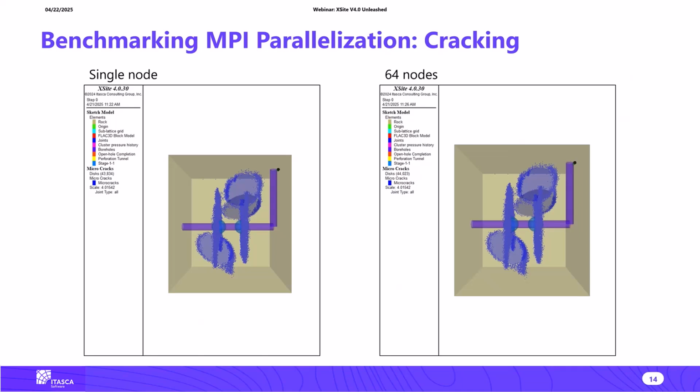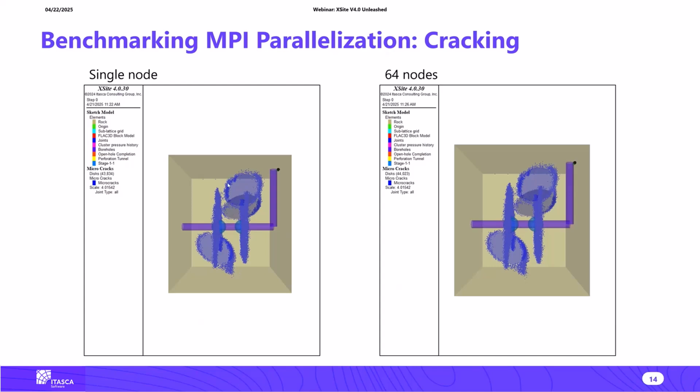And then the other part of the benchmarking and verification of the implementation of the MPI is comparison of the results. So here I show the results of induced cracks.